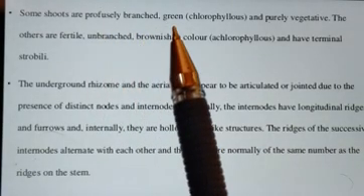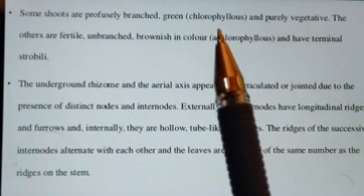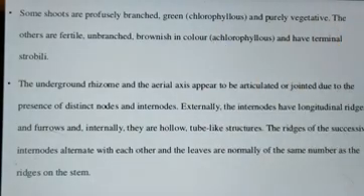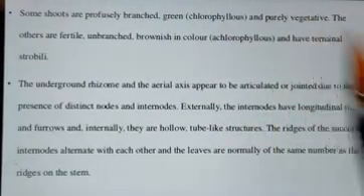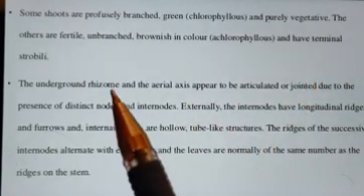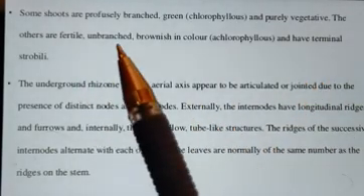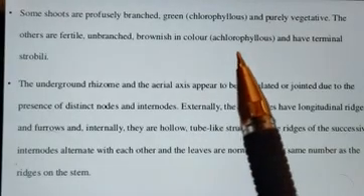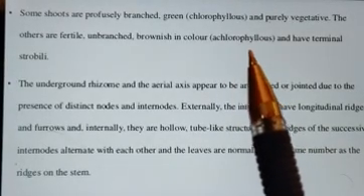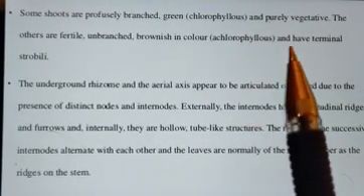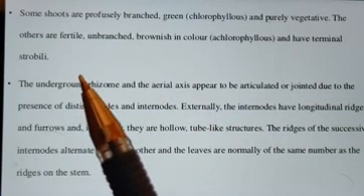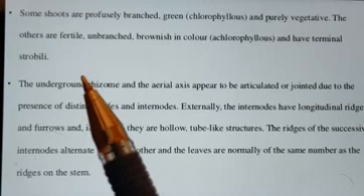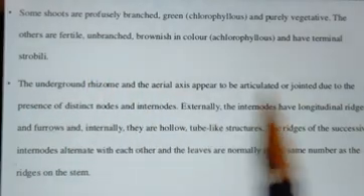Some shoots are profusely branched, green, chlorophyllous, meaning chlorophyll is present, and purely vegetative. The others are fertile, branched, brownish in color, achlorophyllous, meaning chlorophyll is not present, and have terminal strobili. Terminal means the upper end of the shoot bears the strobili.